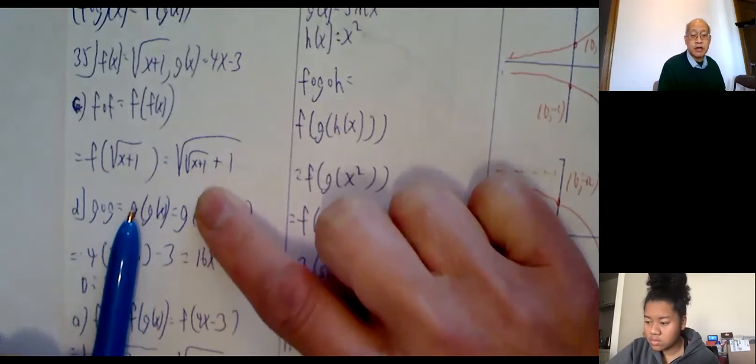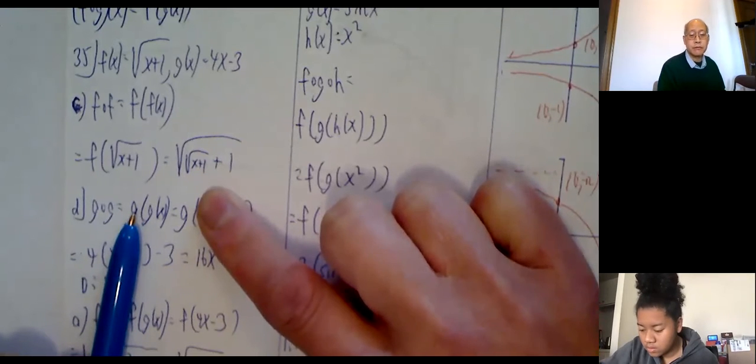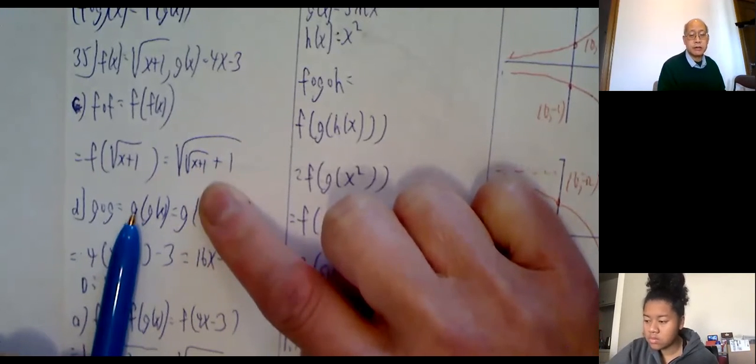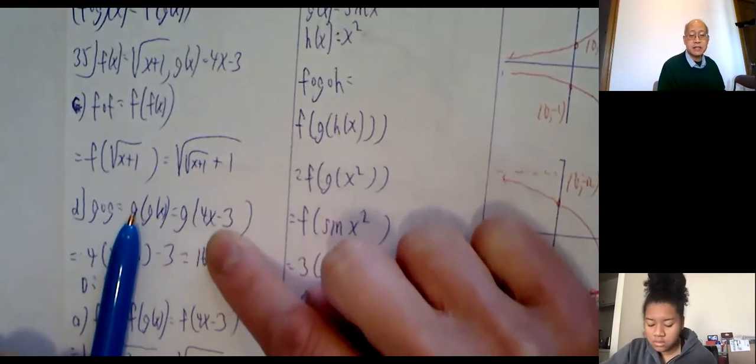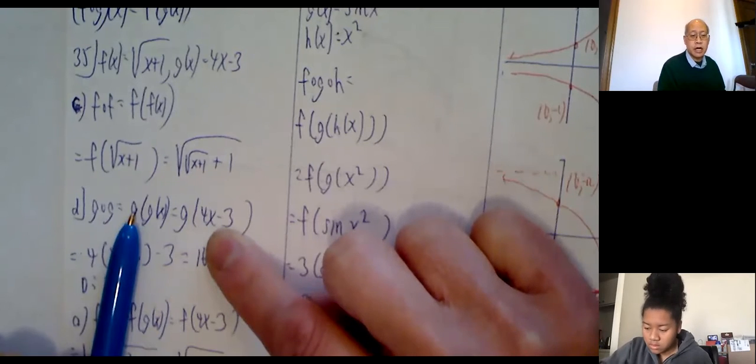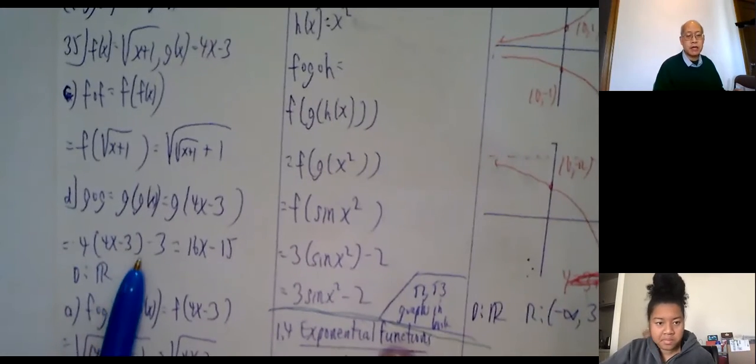So whatever's behind my finger matches whatever's behind the pen, right? If my finger has 25, then this pen, I'm going to put 25, right? 4 times 25 minus 3. If behind this finger is W, you would put 4W minus 3. If behind my finger is a mess, 4x plus 3, I put that mess right over here. So there it is. 4 times 4x plus 3, minus 3.